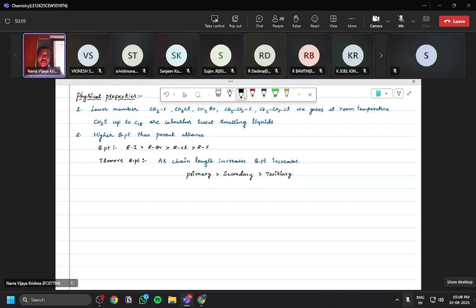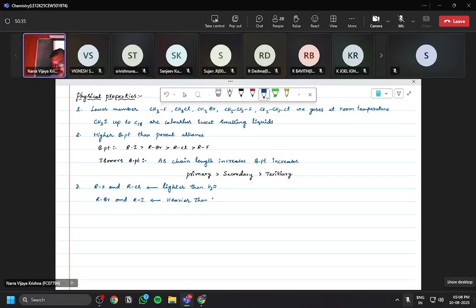Next, point number 3. Density. Alkyl fluorides and alkyl chlorides are generally lighter than water. So density is less than water. Alkyl bromides and iodides are heavier than water.